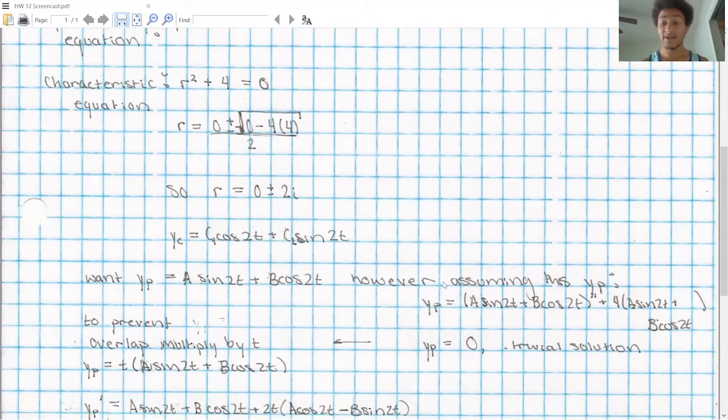Because you can see that if we plug this in, we have the second derivative of this term, okay, and we can see right here, we'll get 4, and then these will cycle, so we'll have a -4, a -4, we'll take it out, and you'll see that these two cancel. We'll get y particular is equal to 0, a trivial solution, and this happens for all differential equations. So we're going to need to find something else.